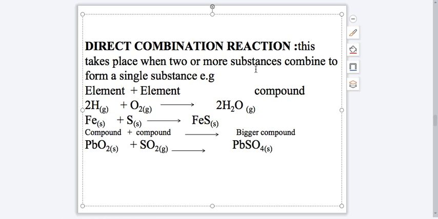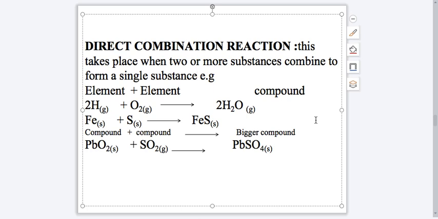Examples, as we have been taught before, are hydrogen, oxygen, nitrogen, iron, sulfur, potassium, copper, etc. A compound is formed when two or more elements combine chemically. So we'll be looking at when an element combines with another element to give us a compound.